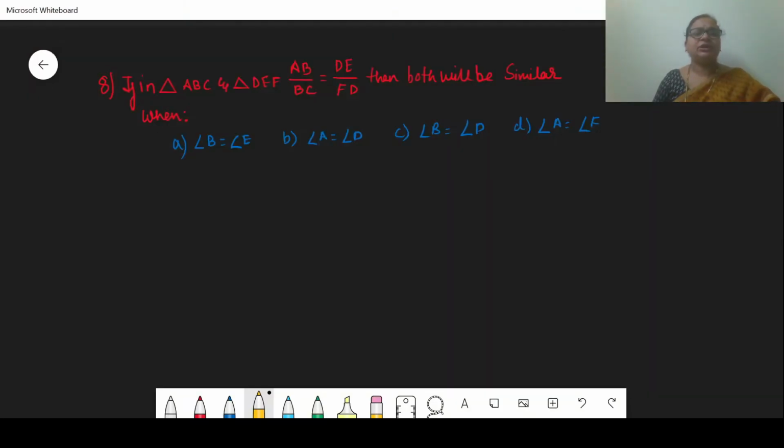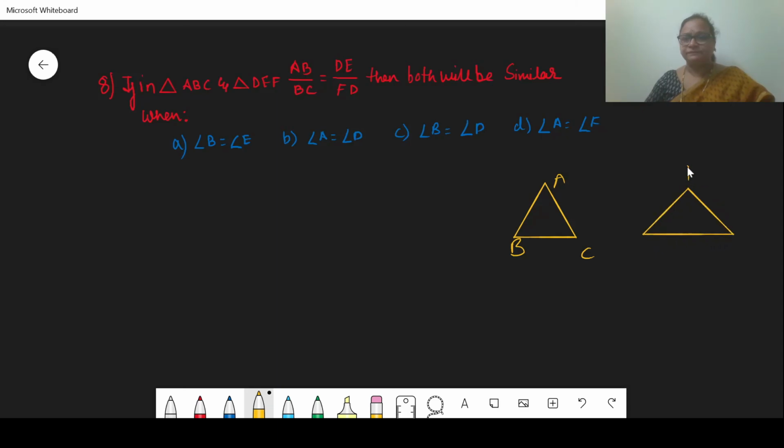If in triangle ABC and triangle DEF, AB by BC is equal to DE by FD, then both will be similar when? Given AB by BC is equal to DE by FD.